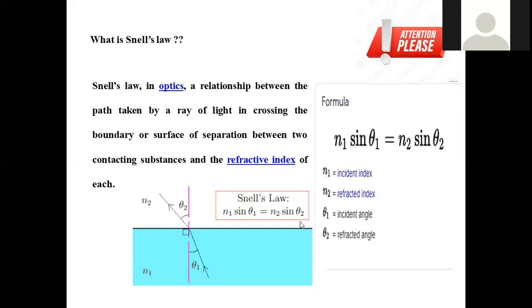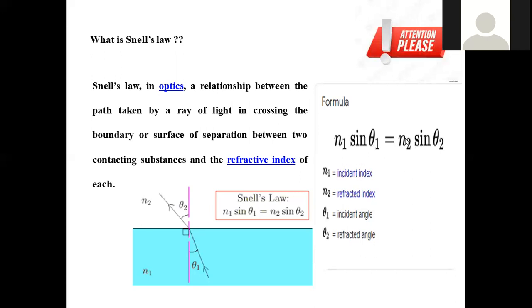Here, theta 1 is the incident angle, the angle the incident light generates. The angle generated by the refracted light is called the refracted angle, theta 2. So here is the relation between the incident and the refracted light of the radiation generated from the source.